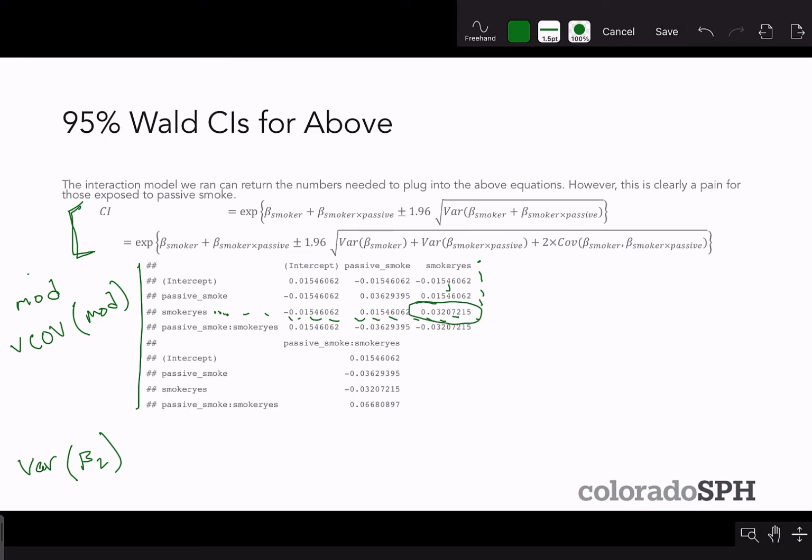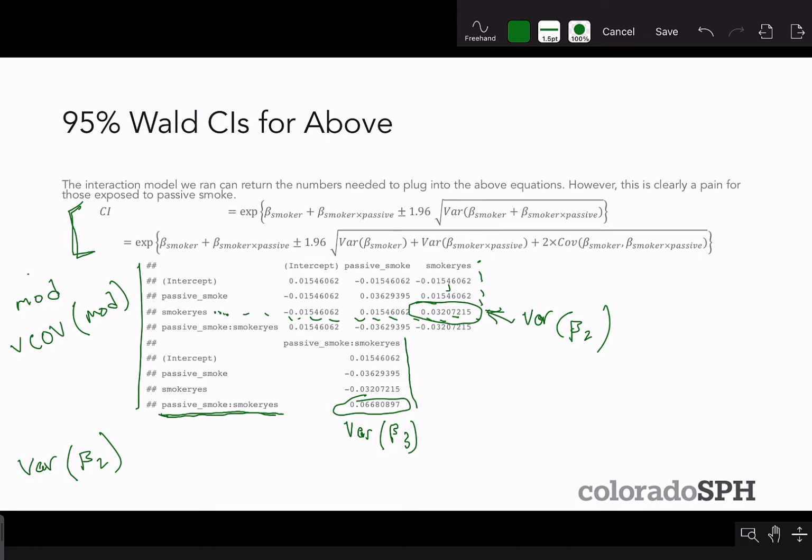Similarly, the variance of beta 3, you find where passive smoker is, and then you find where the variable passive smoker meets the column for it. That's right here. That's going to be your variance of beta 3. Sorry, this one was the variance of beta 2.